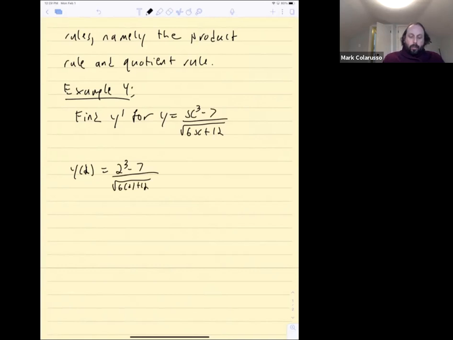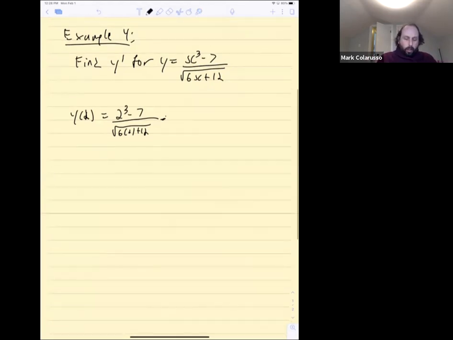The last thing you would hit on your calculator is to divide the quantity 2 cubed minus 7 by the root of 6 times 2 plus 12. So the outermost operation is taking the quotient of these 2 functions. So we are going to first have to apply the quotient rule, and then to compute the derivative of the denominator that comes up in the quotient rule, we'll need to use the chain rule.